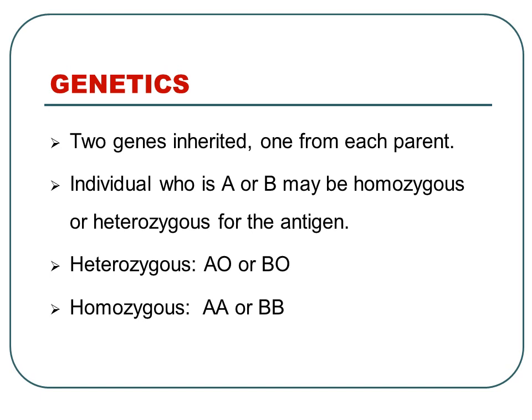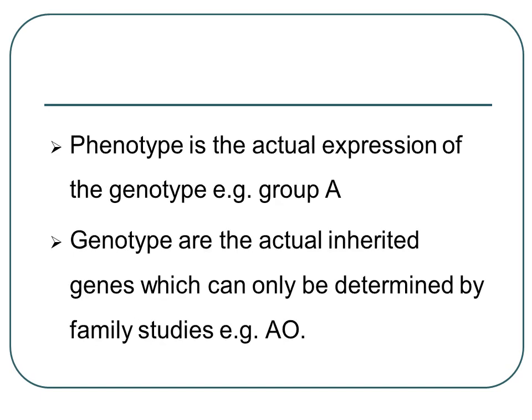Heterozygous, that's AO or BO. Homozygous, that's AA or BB. Phenotype is the actual expression of the genotype, e.g., group A. Genotypes are the actual inherited genes, which can only be determined by family studies, for example, AO.